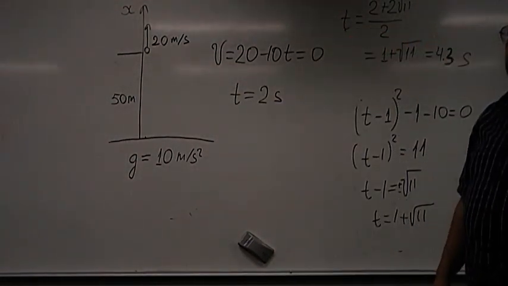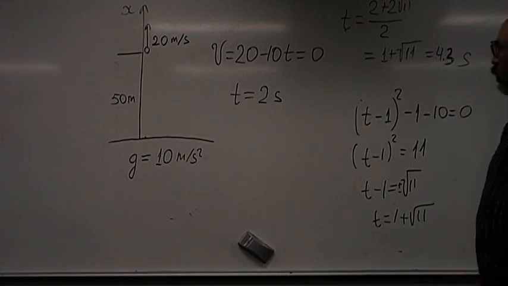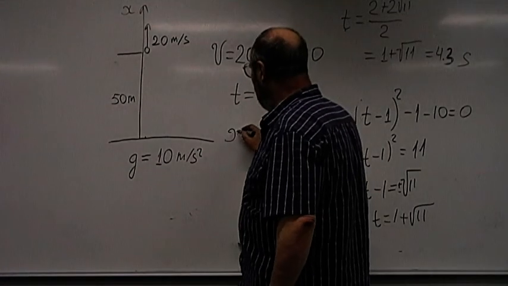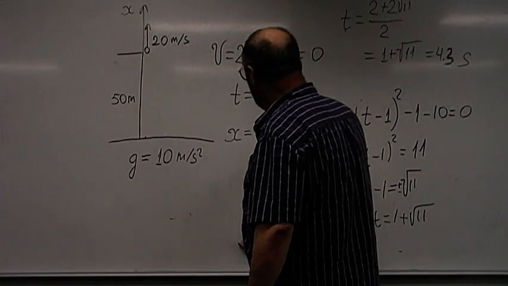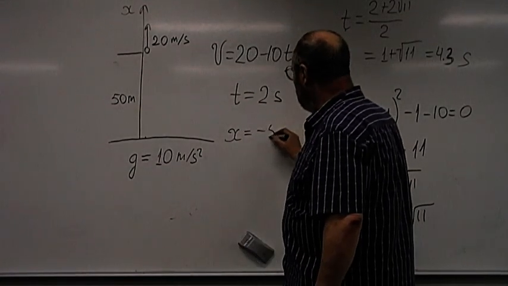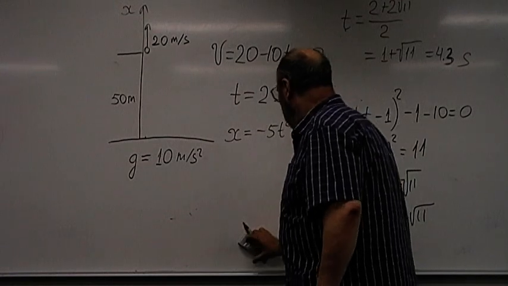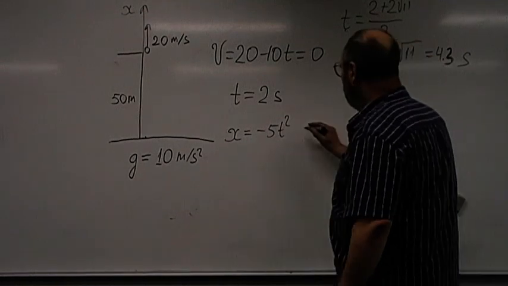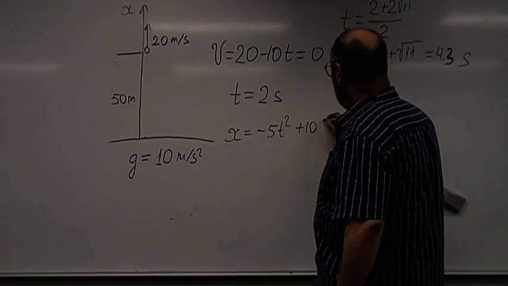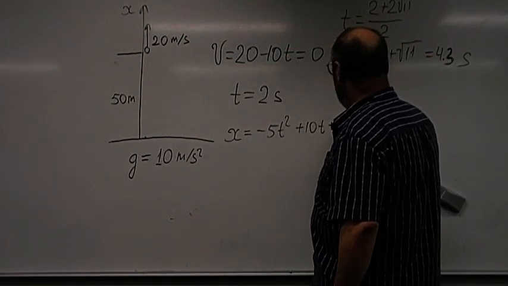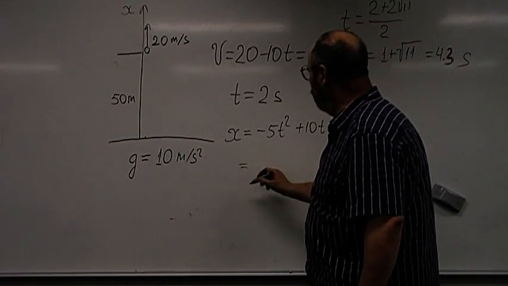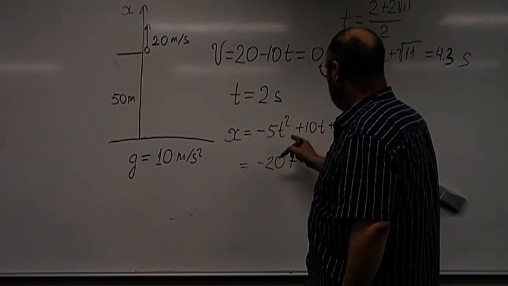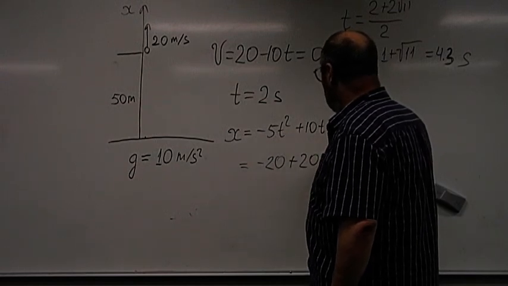And then we substitute this time into our expression for the height, where we had minus 5t squared plus 10t plus 50.